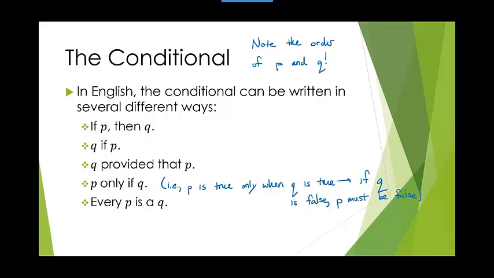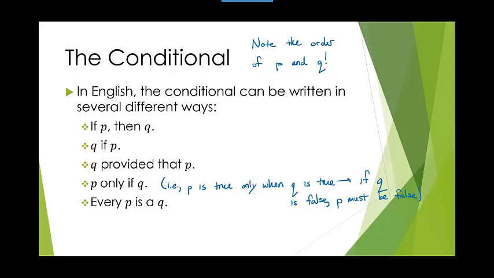Because if Q is false, we can't have P be true, because if P is true, Q is true, like you have that kind of circle thing going on here. So you don't necessarily have to pay too much attention to this, but this is mainly to reassure you that P only if Q means the same thing as if P then Q. Because P only if Q says that if Q is false, P must be false.